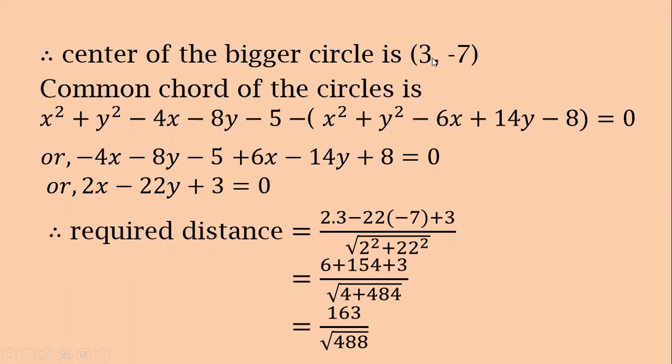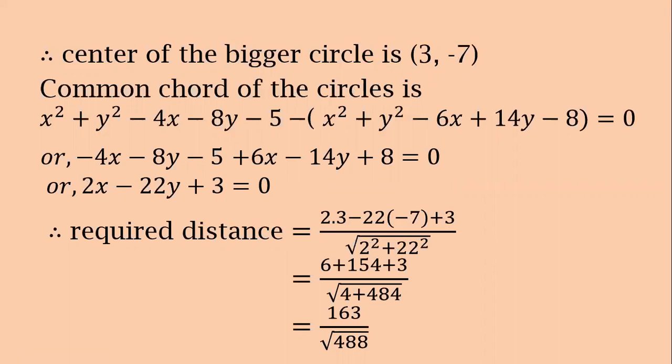So how to do it? 2 into 3, this is the point, and minus 2 into minus 7 plus 3, divided by the square root of the coefficient of x square plus coefficient of y square.